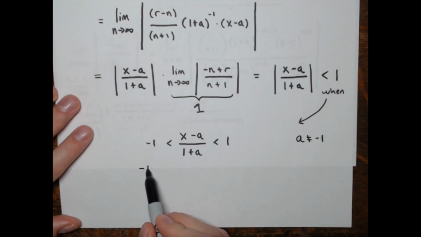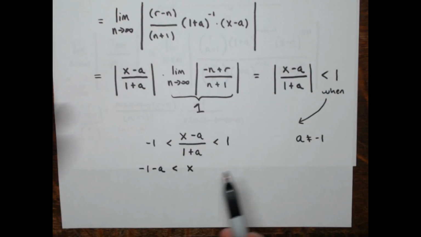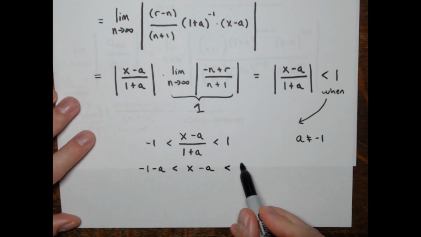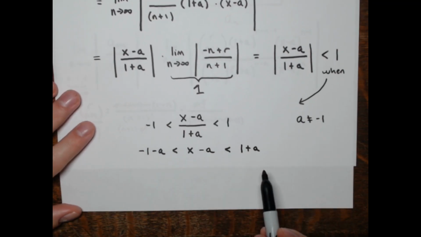So it's the opposite. Negative 1 minus a here, less than x minus a. Let's just assume it's positive, and if it's negative, it would just flip things around. It would end up being the same result at the end, less than 1 plus a, and then adding a to everything.